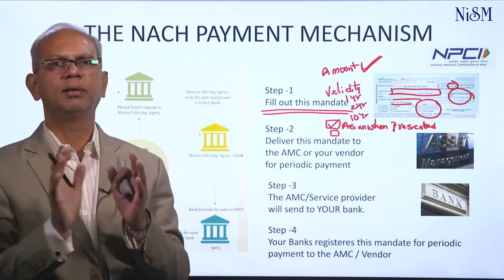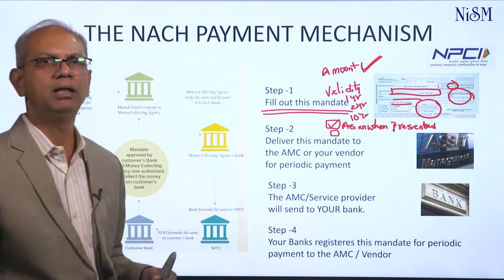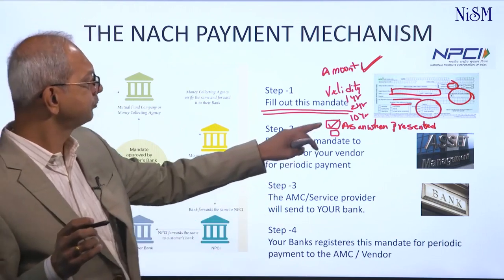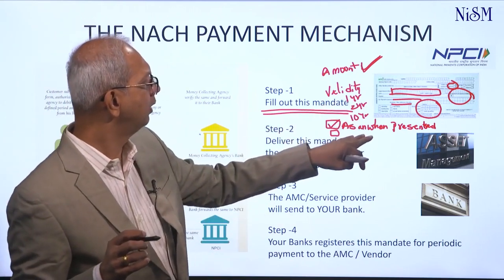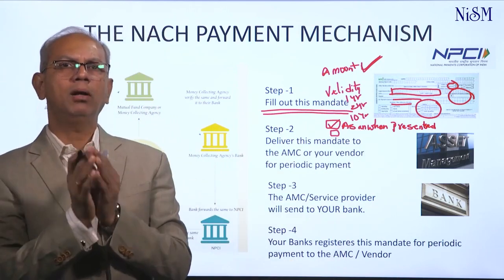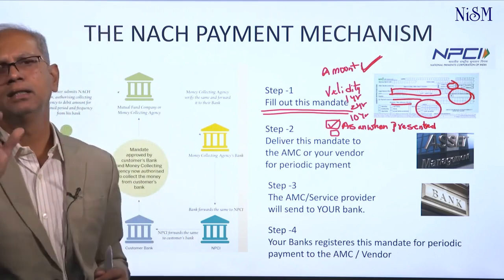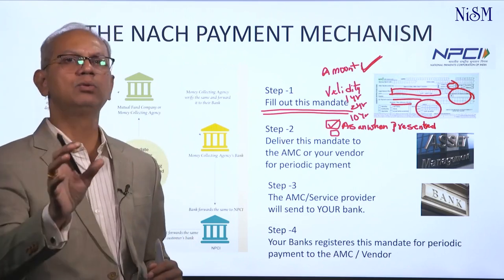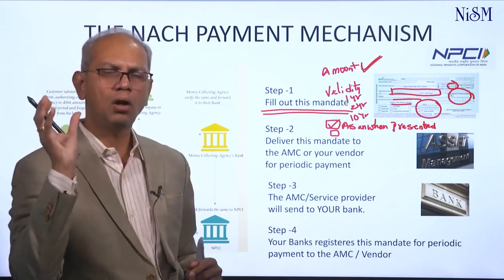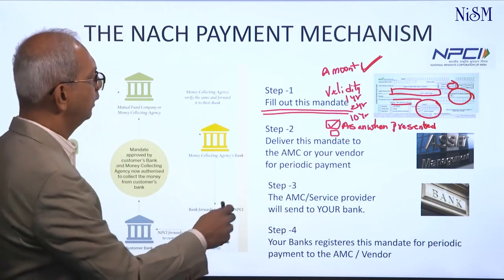So once the mandate is registered, you can use the same mandate multiple times. So the validity, if it is as and when presented, and the amount. Once filled, whenever the mandate is presented, this fixed amount, if it is 2000 rupees, on that particular date, if you have signed, it will automatically get debited.